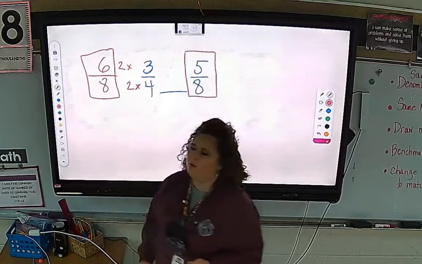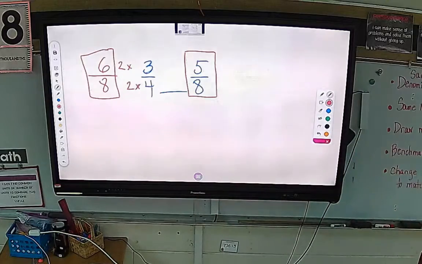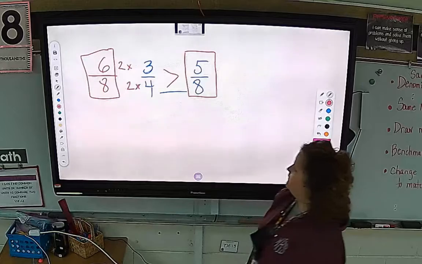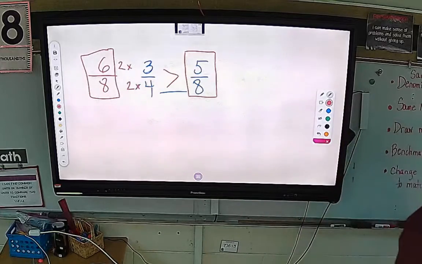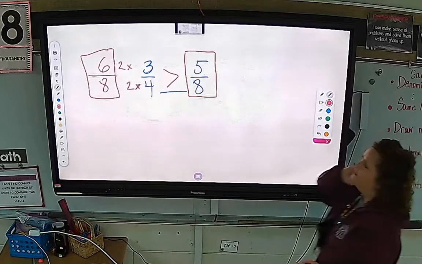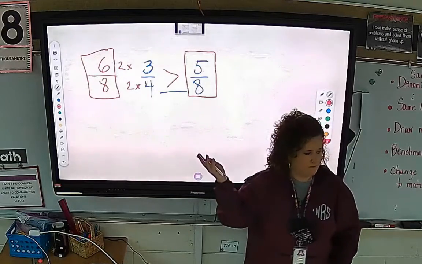That just became a whole lot easier to tell which one is larger. 6/8 is definitely larger than 5/8. So you might have suspected 3/4 was larger than 5/8, but now you know for sure. Or maybe you thought 5/8 would be larger. Now you know better.